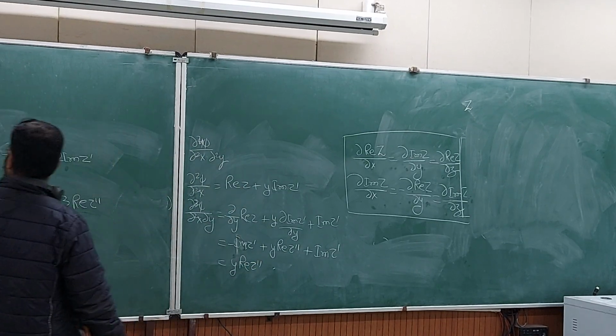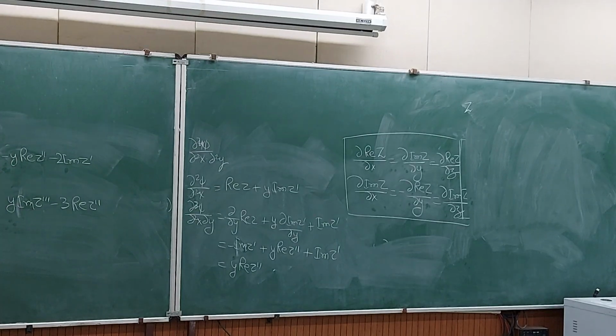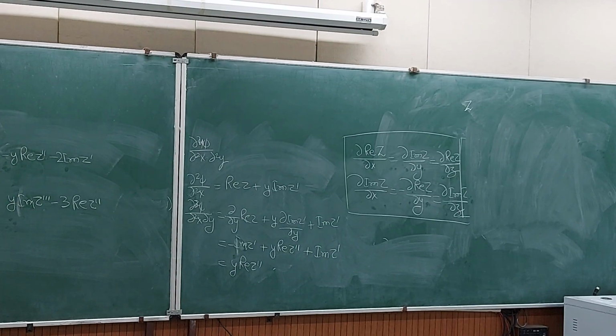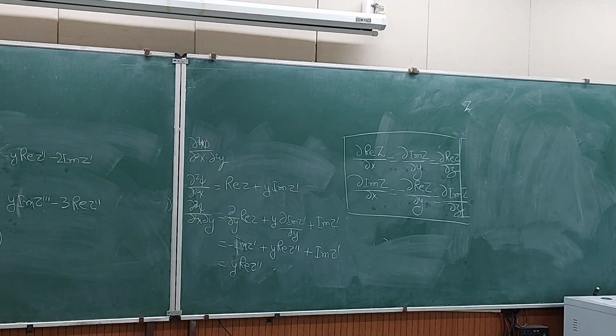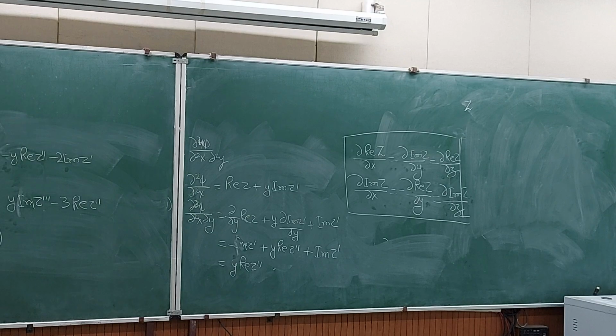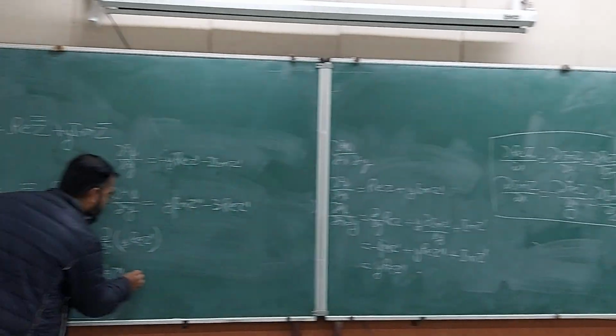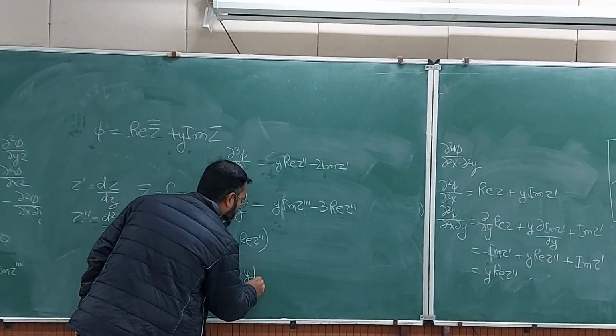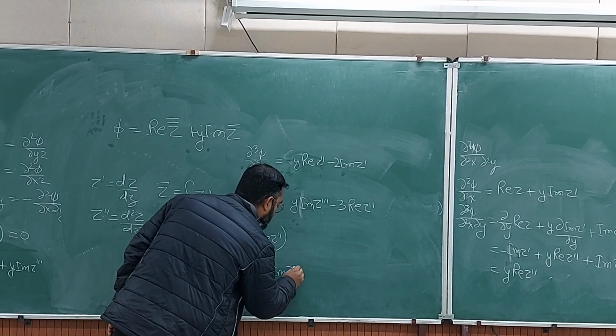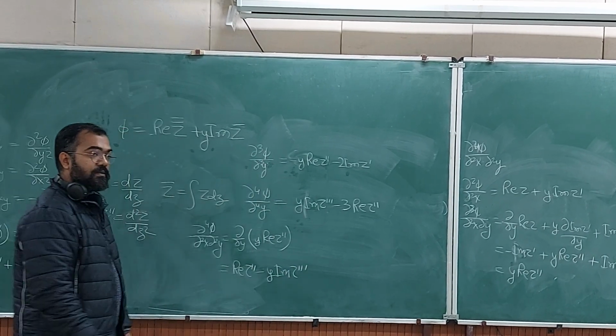Now we need its final expression. So del 4 phi by this will be del y of y real part of z double dash. Have you done this? Yes. So what is the final expression? Real part of z double dash minus y imaginary part of z triple dash. This is it? Okay.